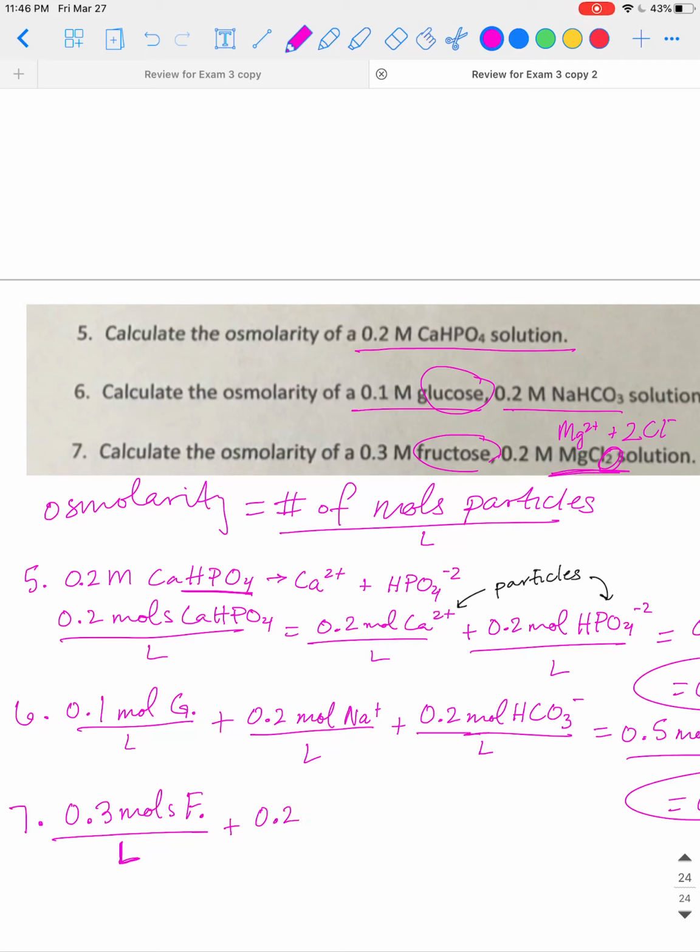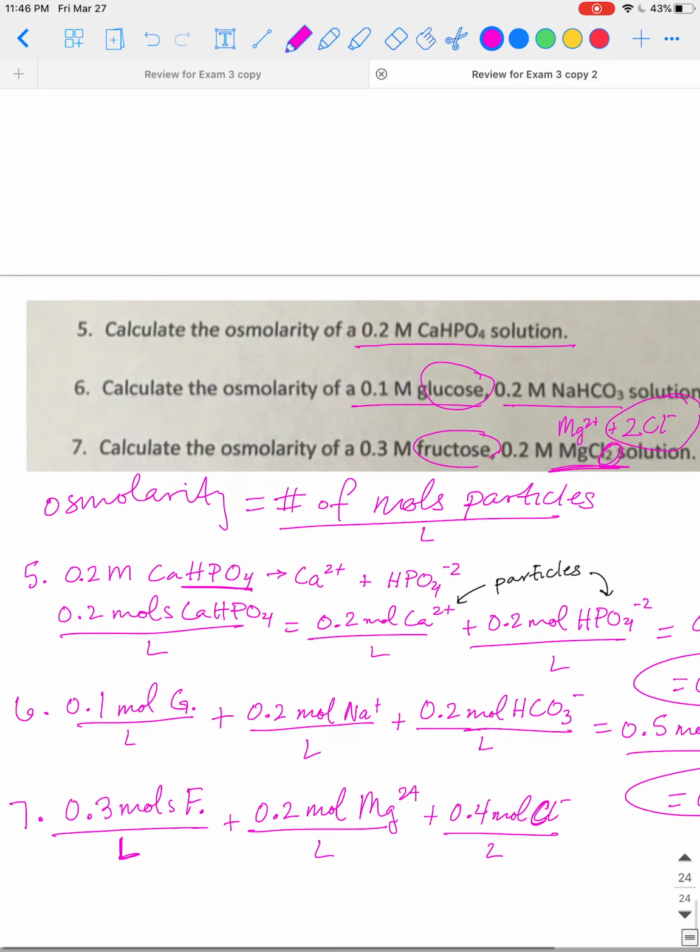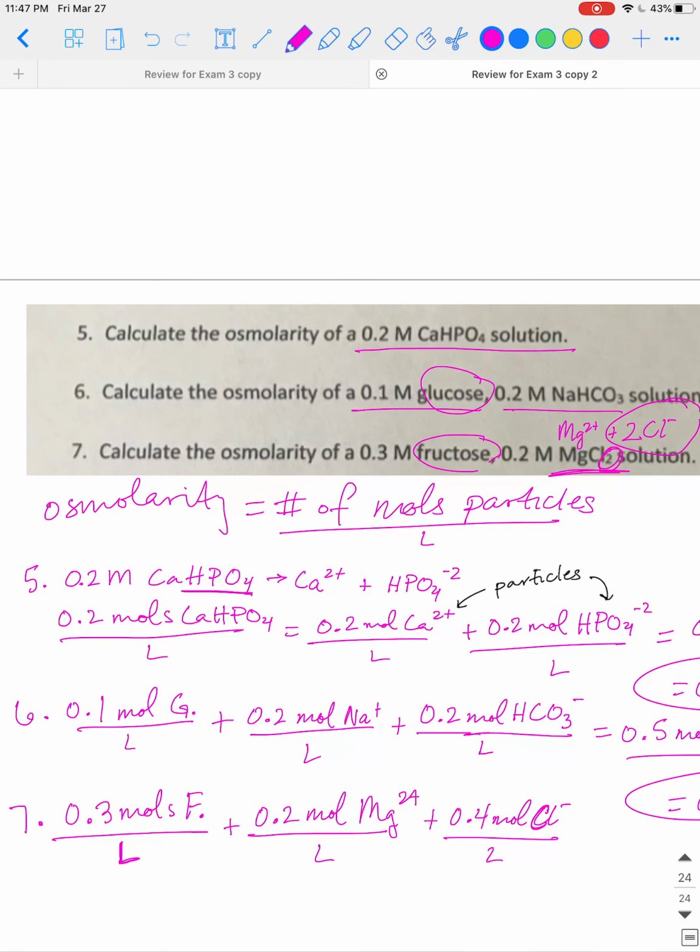So if I have 0.2 molar magnesium chloride, then I have 0.2 moles of Mg2 plus cations per liter. But I've got to multiply that number by 2 here, because for every one molecule I'll get 2 anions. So 2 times 0.2, I would get 0.4 moles of Cl minus anions, which is another kind of particle, per liter. So 7 is a bit tricky here.